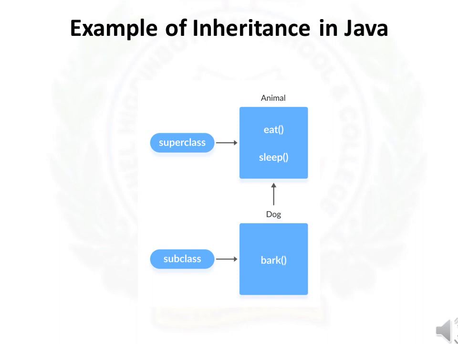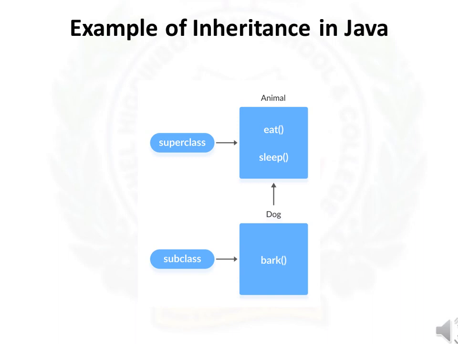All the animals are included in the superclass. The subclass is called dog. The dog extends or takes some properties from the class animal. The dog also eats and sleeps. Here the subclass contains only dogs, no other animals. So it is taking some properties from the superclass, that is the parent class.